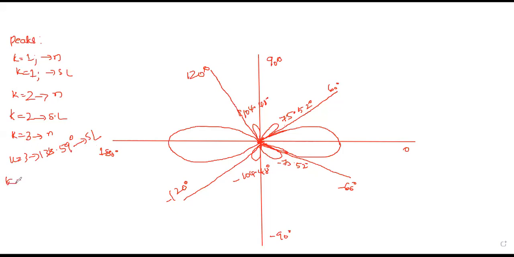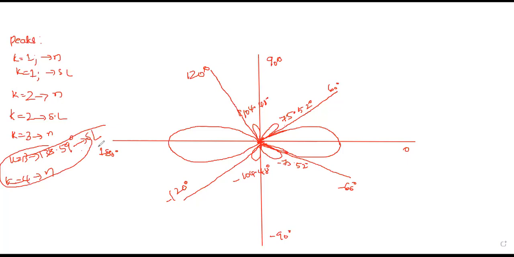But see, what is k is equal to 4 null? It is 180. See, if I draw this 138 here, there will be no separation between your major lobe and the side lobe. So this part, you have to be clear about when you are drawing.